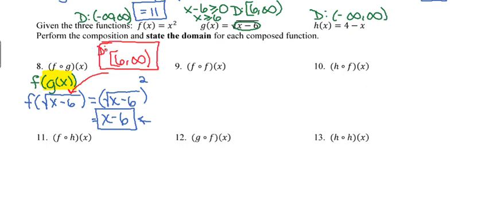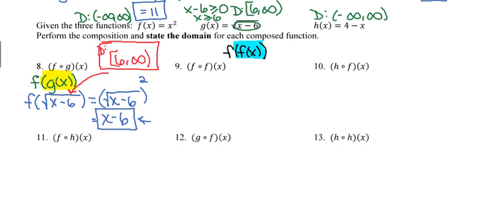All right, so with that said, I'm going to go ahead and tackle number 9. Number 9 says find f composed with f of x. And again, I really like my parentheses for this, so I'm going to rewrite this as f of f of x. And again, big idea for today, start within those parentheses.